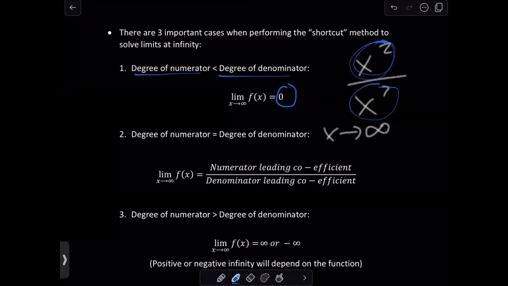Let's say you sub in 10, that's 100. You sub in that same 10 here, you're going to get a much larger number. Eventually, this is going to become so large that the function approaches a y value of 0. So that's why we have case 1. When the degree of the numerator is less than the degree of the denominator, the limit is equal to 0.